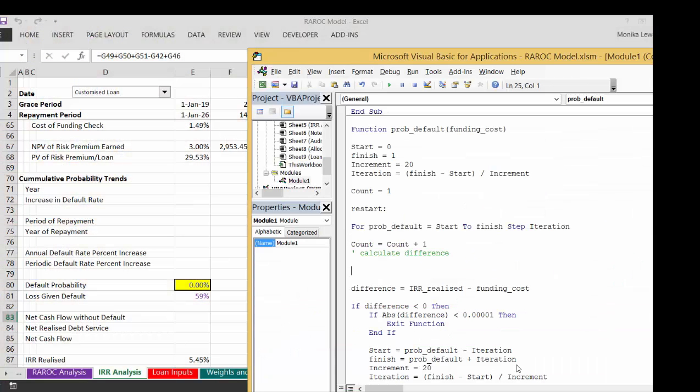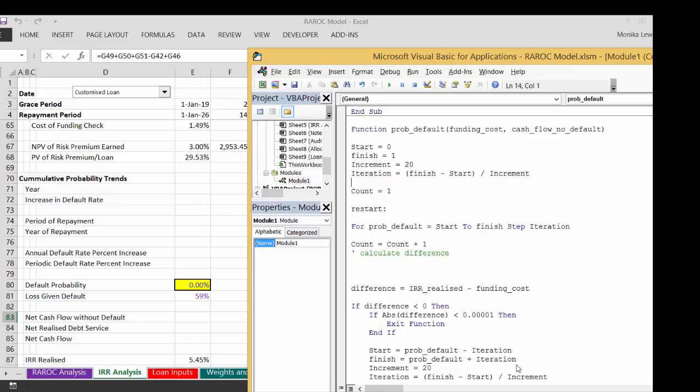So let's first read in net cash flow, no default. Now, if you make these names way too long, there's a horrible limit on the number of characters you can put into the function itself.